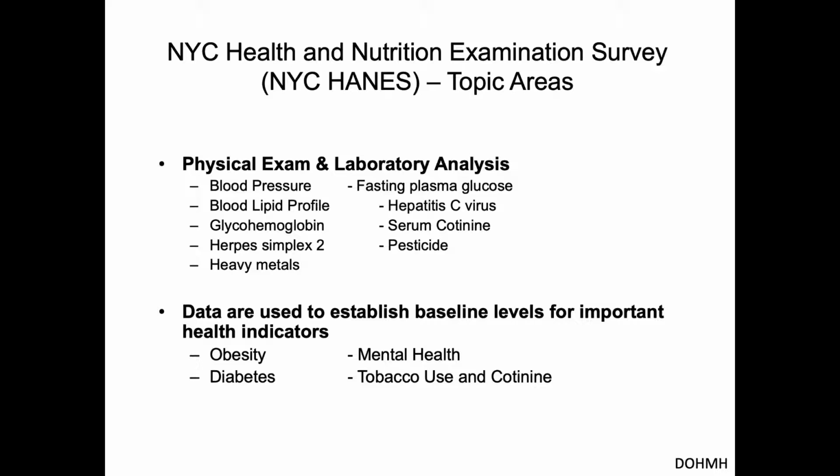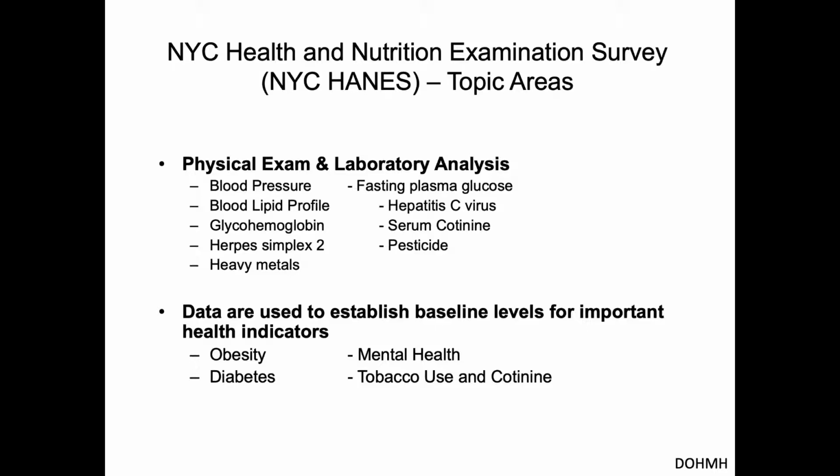The topic areas for the New York City Health and Nutrition Examination Survey are very similar to the national NHANES. These include physical exam and laboratory analysis, a number of different measures, things like blood pressure, heavy metals, etc. The data are used to establish baseline levels for important health indicators like obesity, diabetes, mental health, tobacco use, and cotinine.